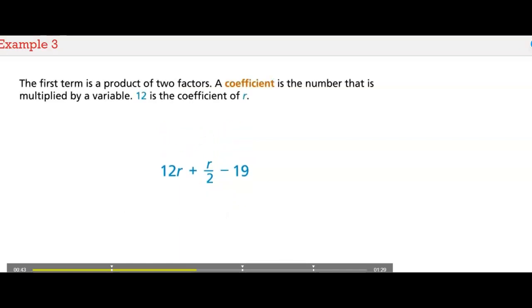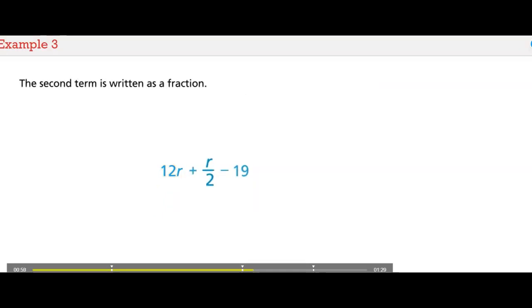The first term, 12r, is a product of 2 factors. A coefficient is the number that is multiplied by a variable. 12 is the coefficient of r. The second term is written as a fraction.